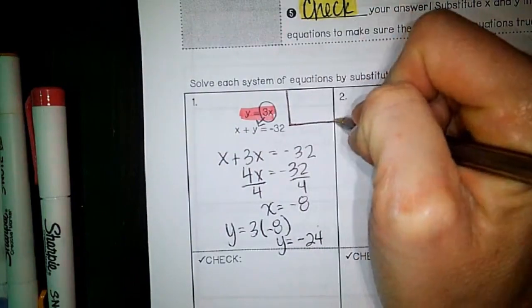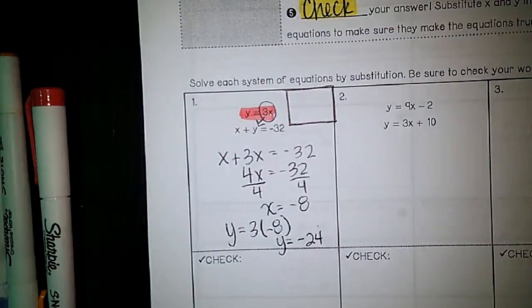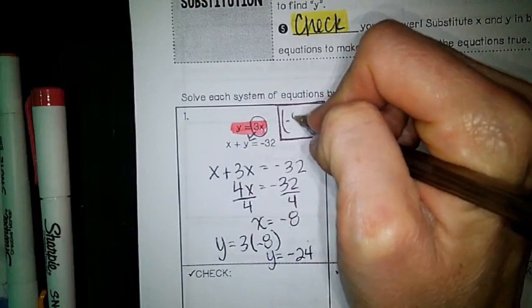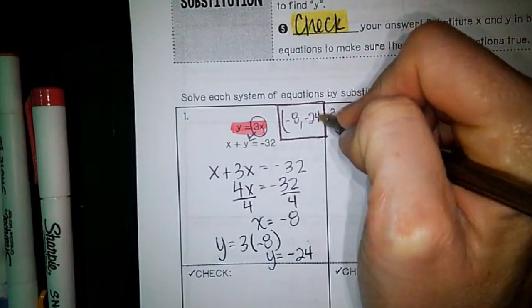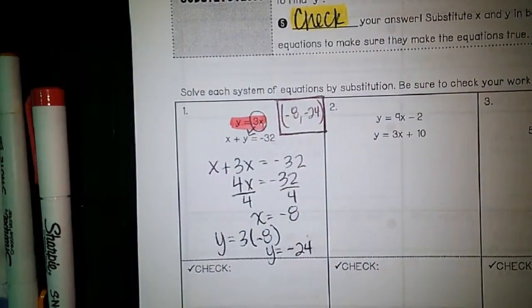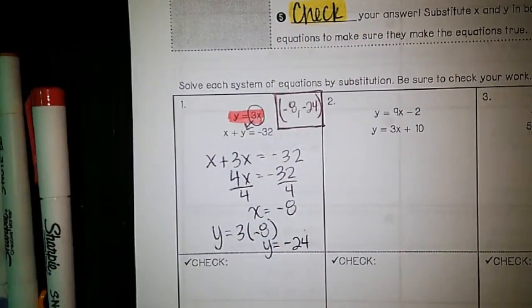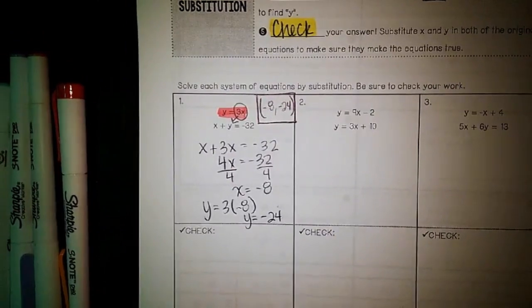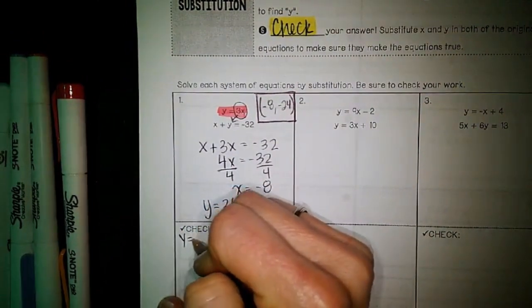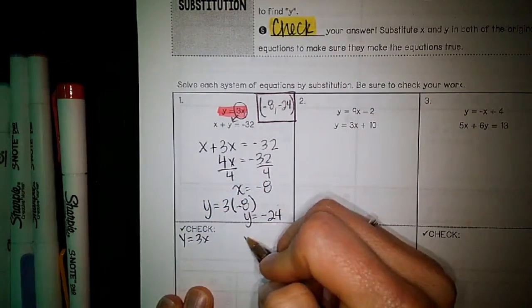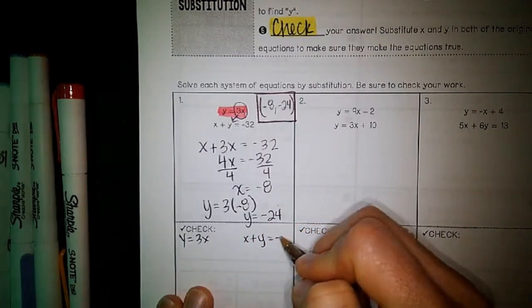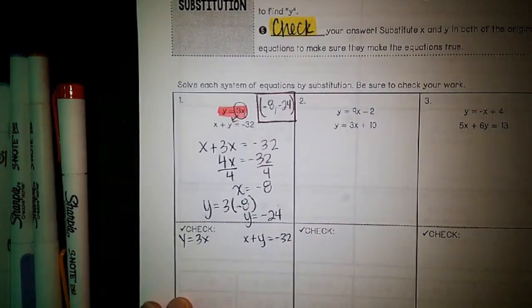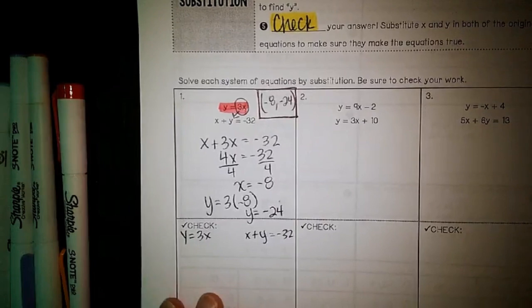Okay, so I'm going to write both my equations. Y equals 3 times x, x plus y equals negative 32. And we're going to take the values of x and y, and we are going to substitute them into our equations. So what's the value of x? Negative 8. What's the value of y? Negative 24 equals 3 times negative 8.